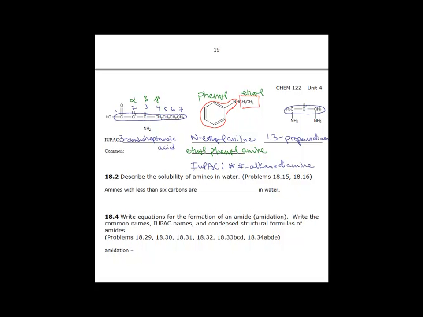Probably can't see that. I'll write it. Diamine. So 1,3-propane diamine. So that format is very similar to diols. Remember, 2 alcohols. So number, alkane, diol.